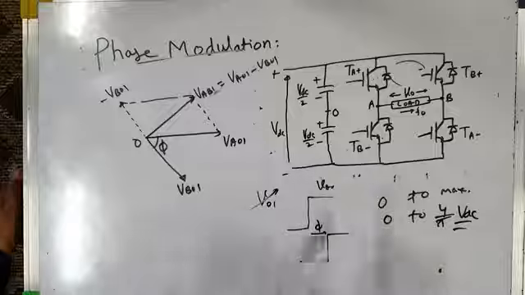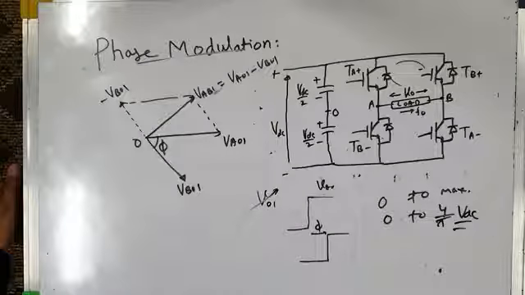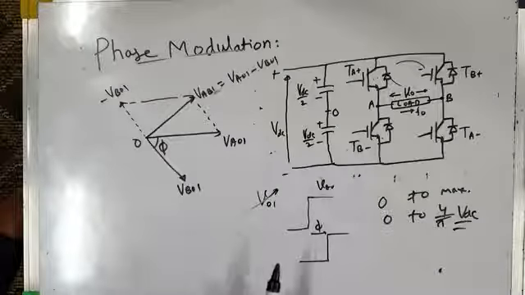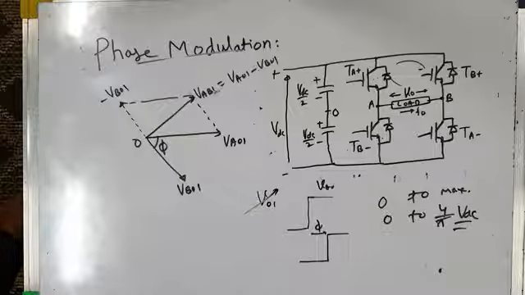So this method may be suitable for high power drives where switching frequency has to be kept very low. But the serious problem with this method is that although it is possible to control the fundamental component of inverter output voltage from 0 to maximum, it is not possible to control the harmonics.